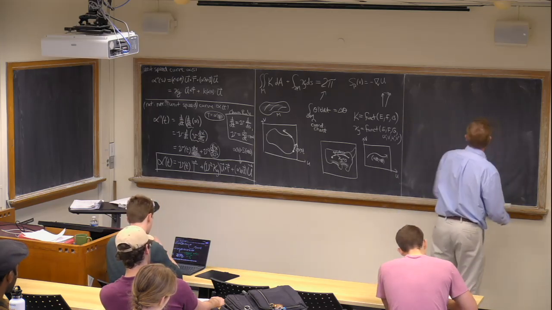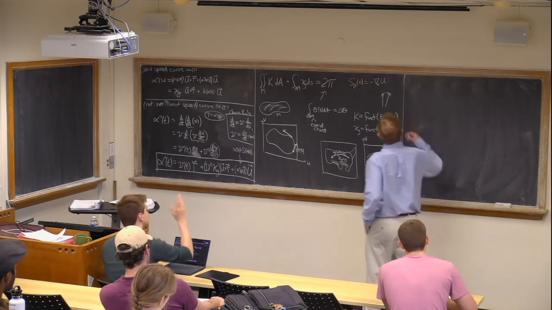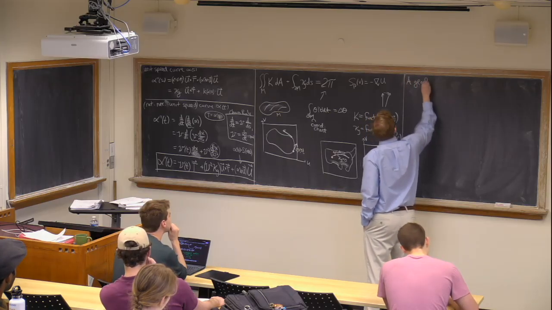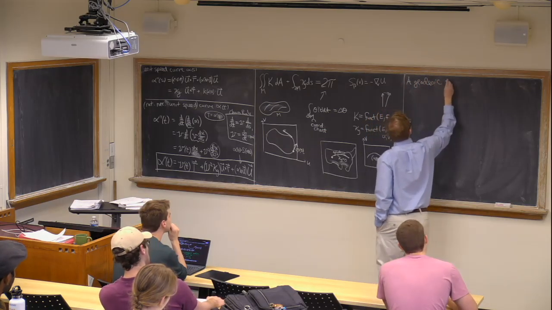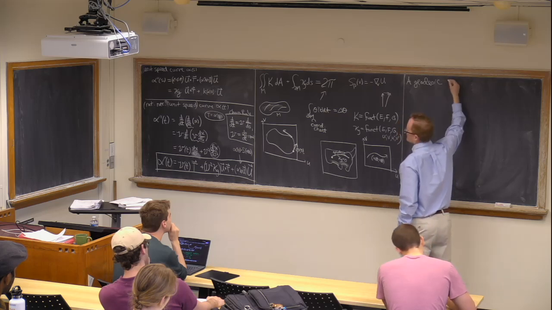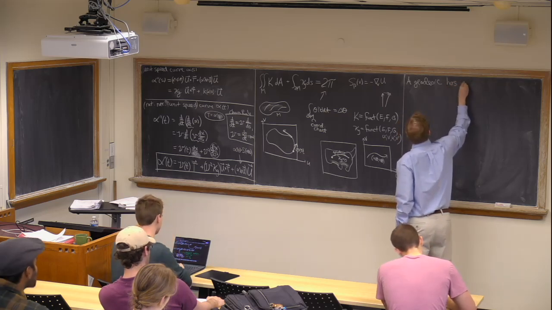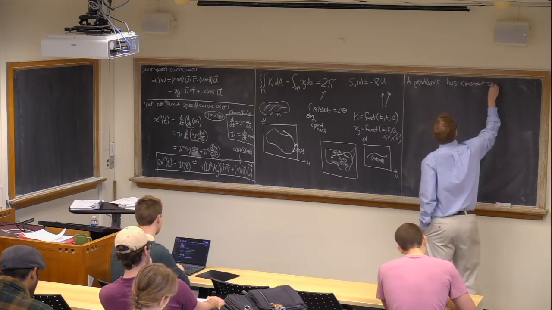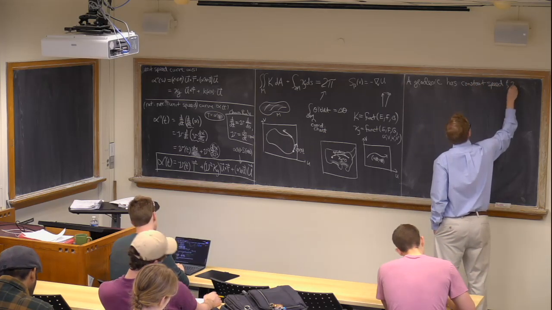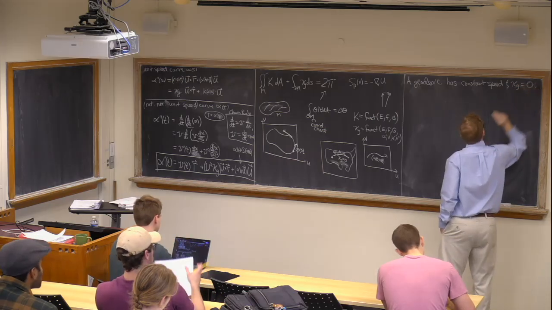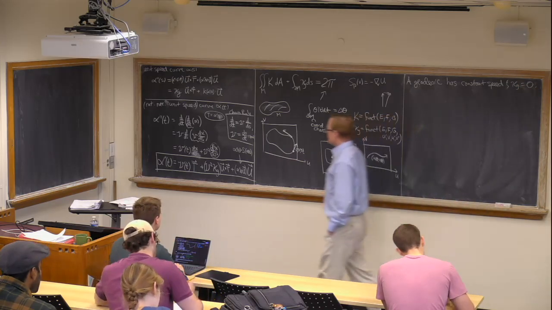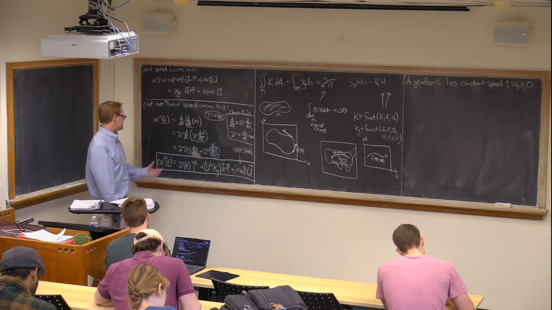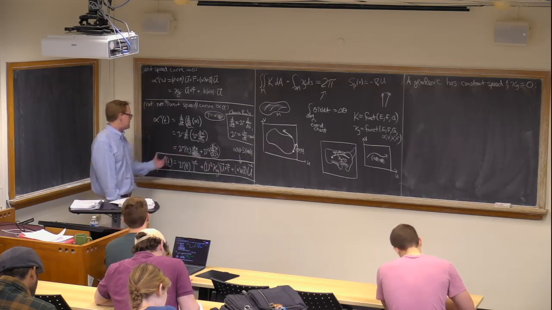So now what is a geodesic? The definition they give here is a geodesic is a curve with constant speed and the geodesic curvature equal to 0. So two things, geodesic curvature equal to 0 and constant speed. Now what that means is there's no acceleration in the surface itself.